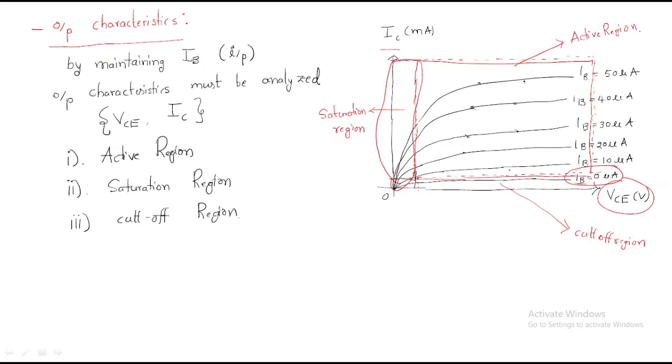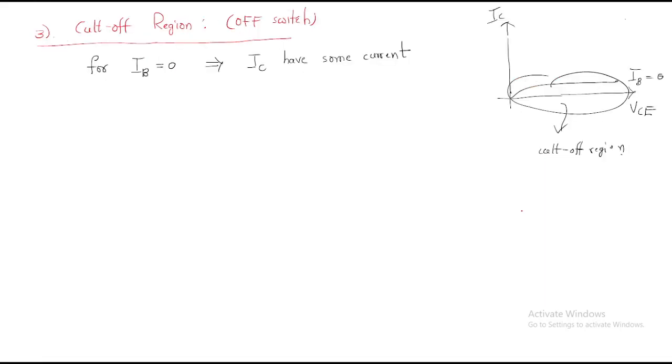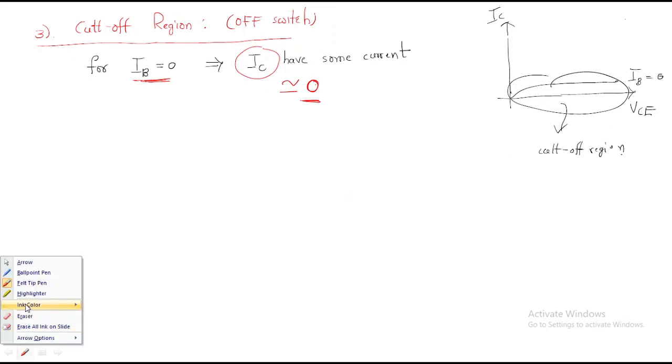This region has very low current, but it has some current. This region is called the cutoff region or the off switch. For base current equal to 0, IC has some current, but practically we assume it is 0.